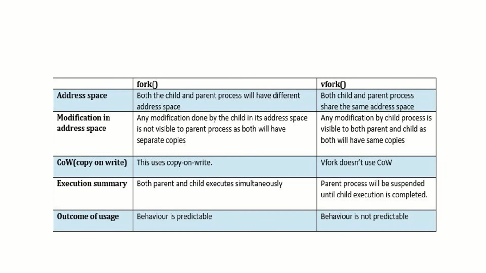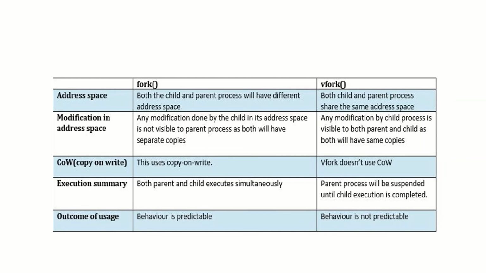Both the child and parent process will have different address spaces when the child process is supposed to execute from fork. Similarly, when vfork is called, both child and parent process share a common address space, nothing but both point to the same locations.